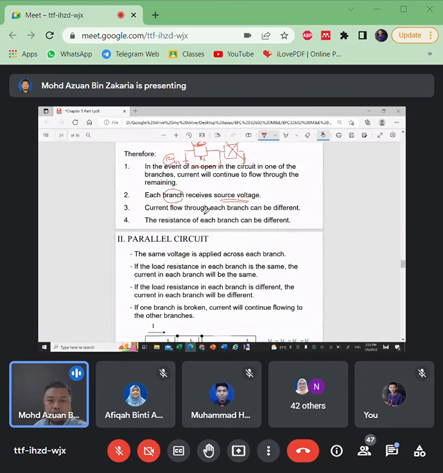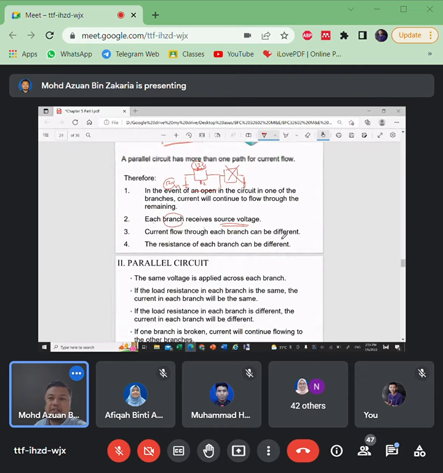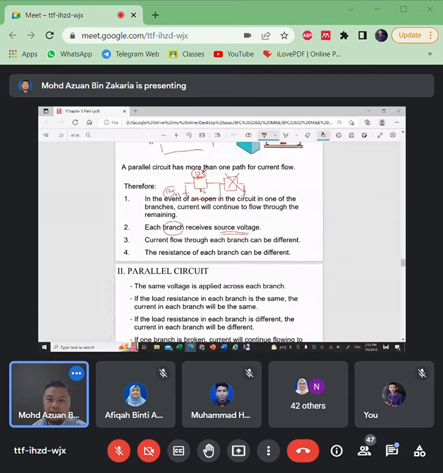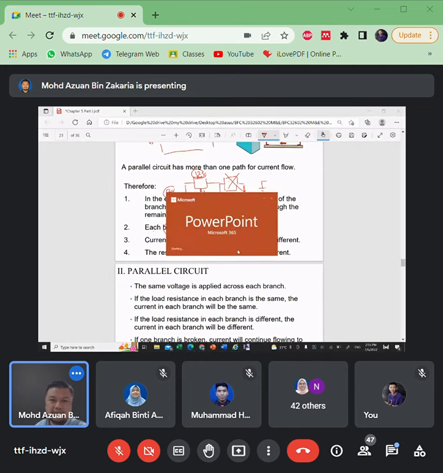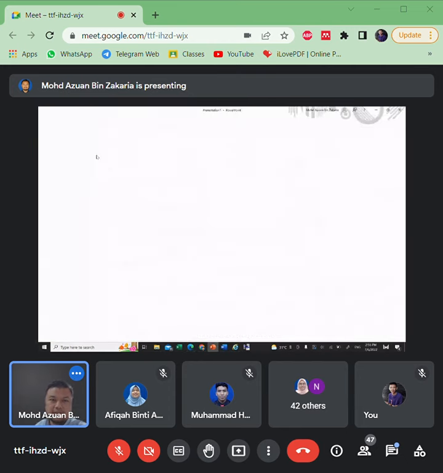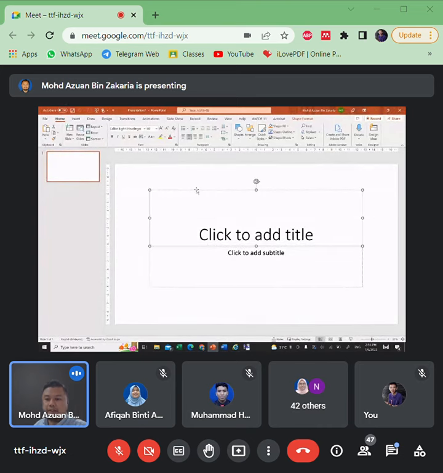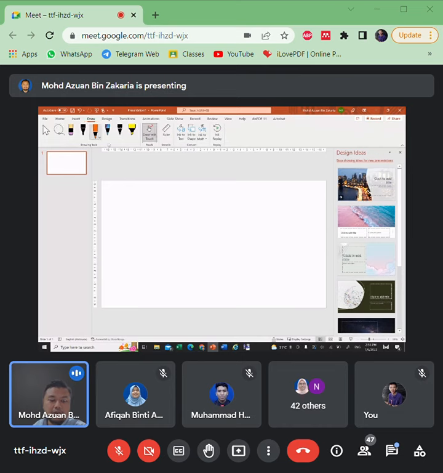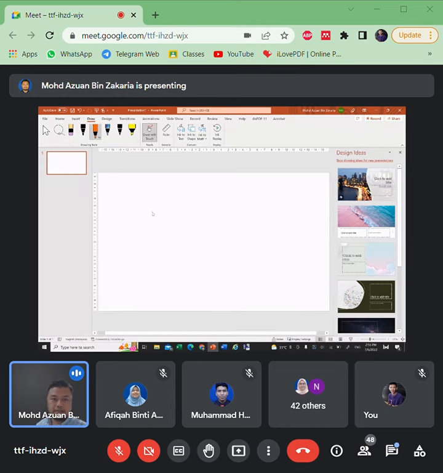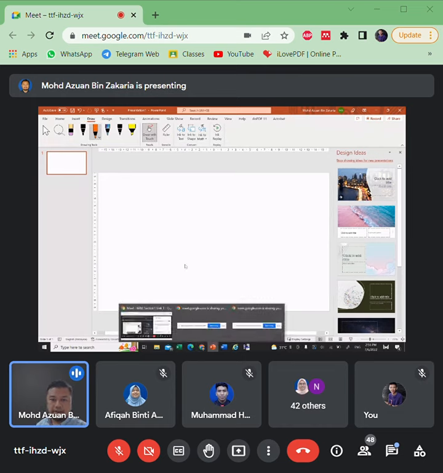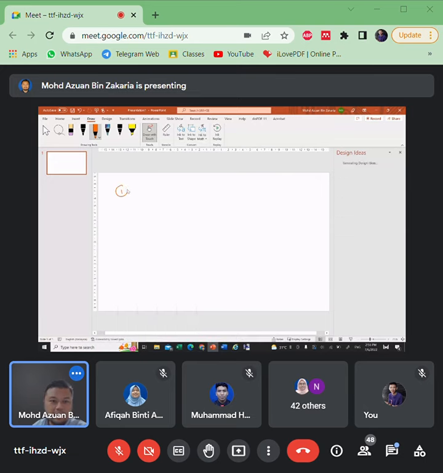The current flow through each branch can be different. Okay. Again, the principle of the concept of parallel number one is about voltage.